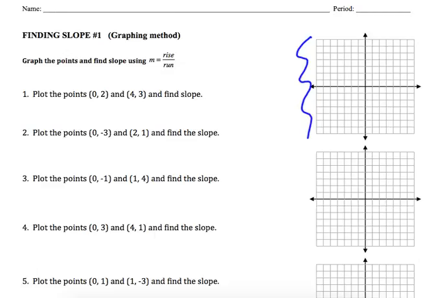So on this first one it says plot the points 0, 2, and 4, 3. So over here I'm going to do 0 up 2, and then 4, 3, 1, 2, 3, 4, 1, 2, 3. So I have my 2 points, and now you just count your slope like we were just doing. So here's my rise, 1. How many am I running? 1, 2, 3, 4. There you go.